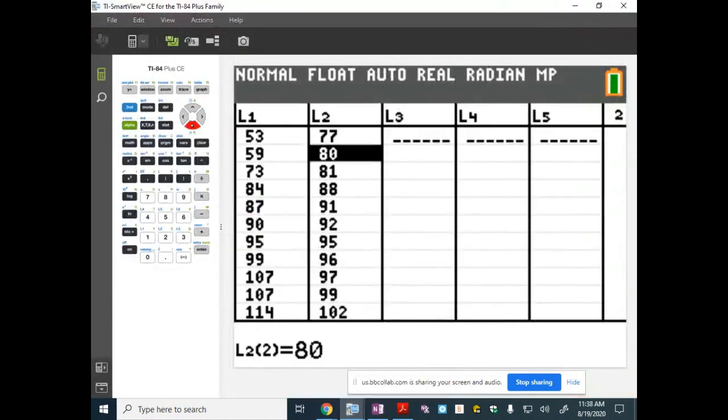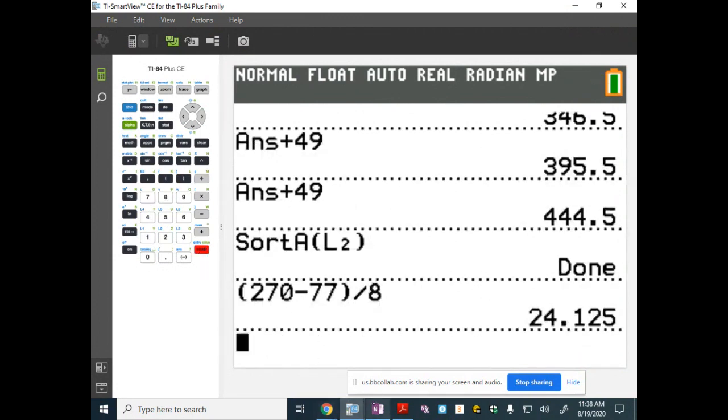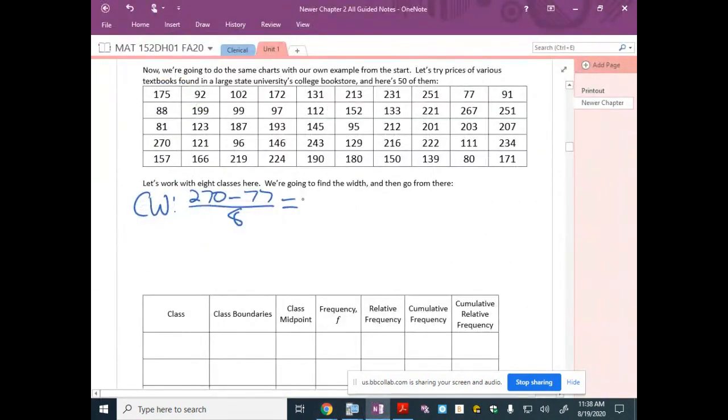Yeah, 270 minus 77, and we're going to divide that by 8. And we get 24.125. So what would the class width have to be?